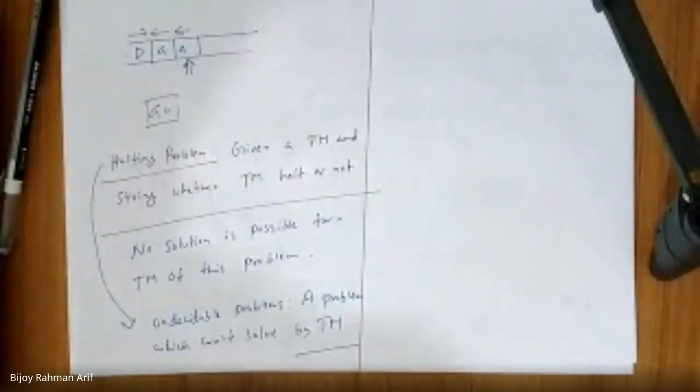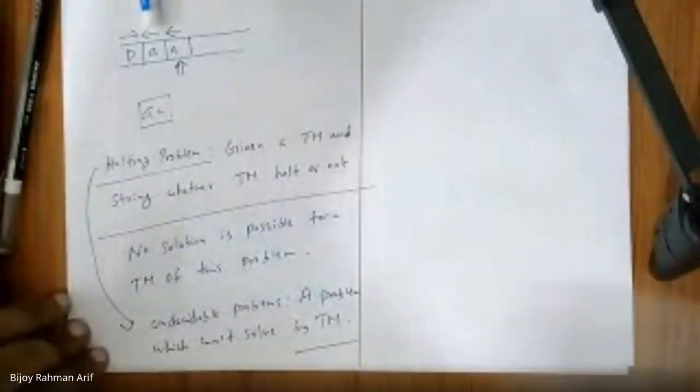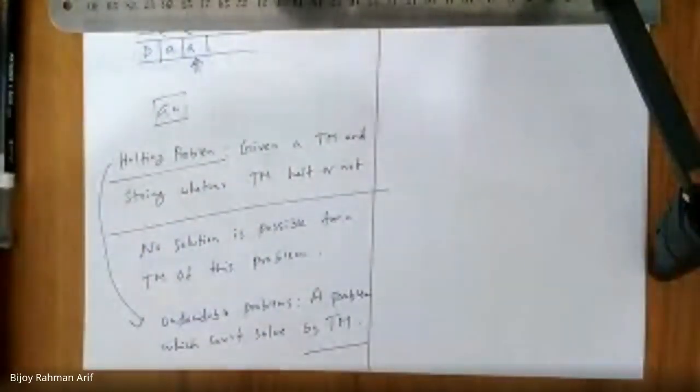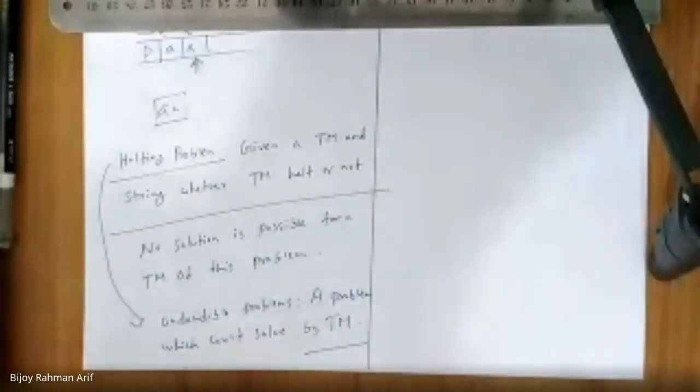Did you get it? Is there any query, guys? So the halting problem is a kind of undecidable problem which cannot be solved by a Turing machine. Did you get it? Yes, sir. Okay, sir. So this is also an important problem.